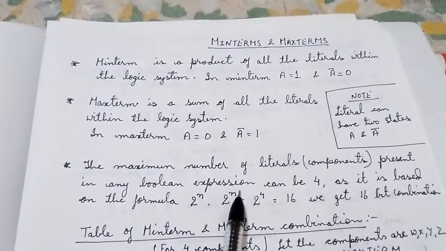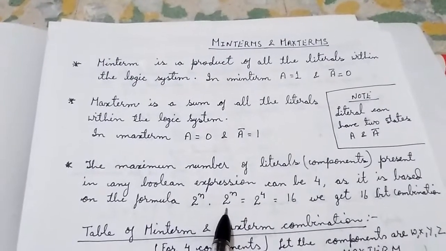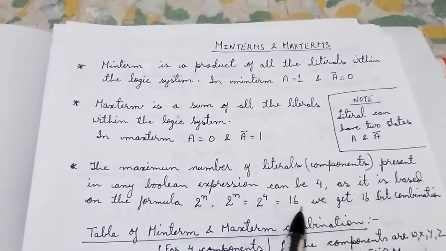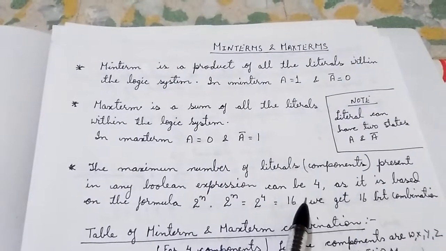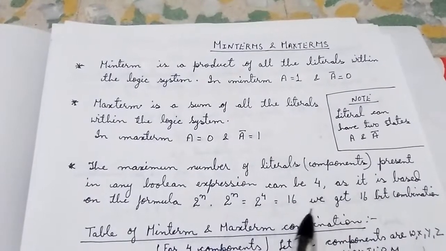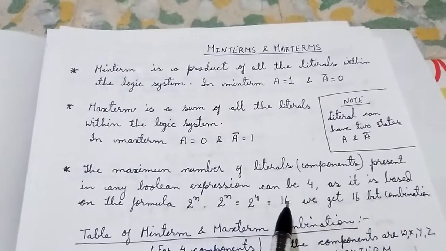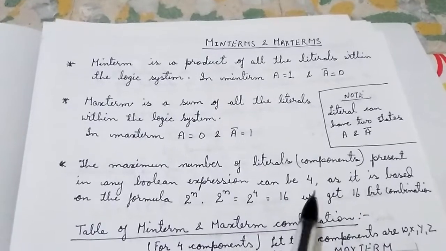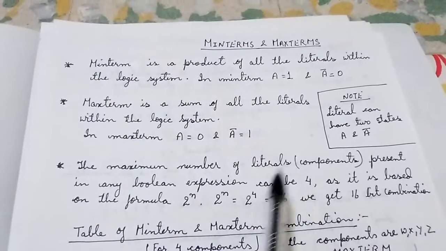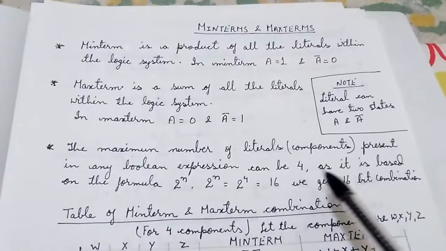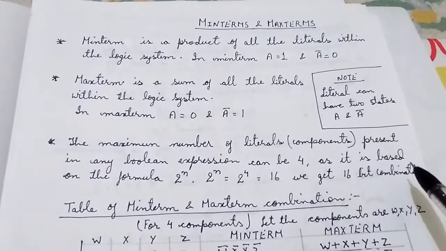If we take 3, then we will get only 8. When we take 4, we get 16 unique combinations which satisfy all the decimal or hexadecimal number systems. It means all the number systems are satisfied and it can be programmed in all the ways. So we get 16 combinations.